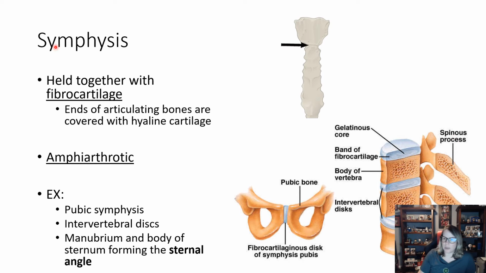The other example we have are the intervertebral discs, and you should remember these from your first lab unit as locations for fibrocartilage. The intervertebral discs are pads of fibrocartilage that sit in between each body of your vertebrae. They provide cushion and connection between those vertebrae.